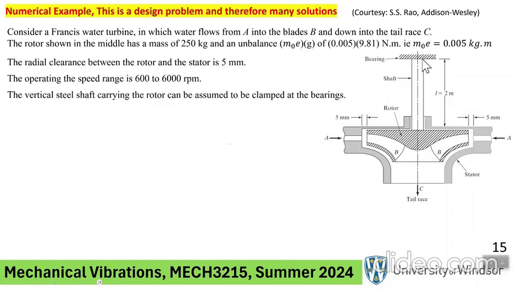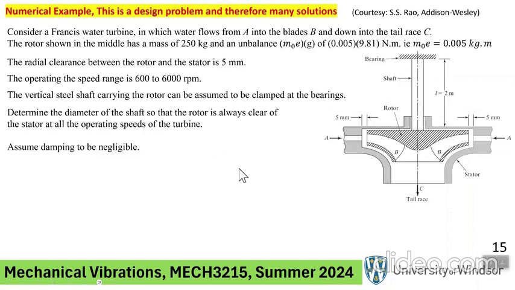Again, we are assuming that the top is clamped, and what we want to know is the diameter of the shaft, which we don't know, so that this can operate safely. In other words, the maximum clearance of 5 millimeters is maintained and does not lead to the rotor rubbing on the stator, etc. And this is over all operating speeds.